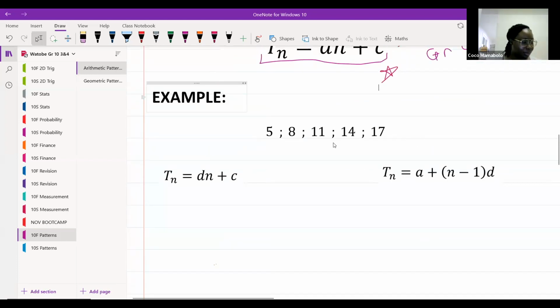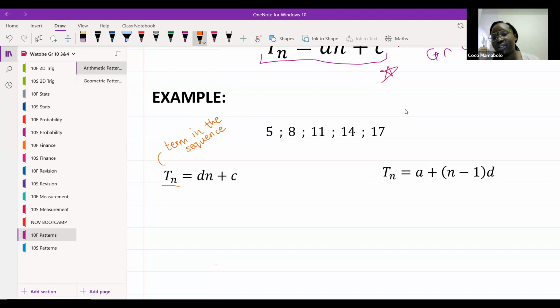And if you're writing them down, I'm just going to tell you guys what all of these symbols stand for as we go. All right, so Tn represents a term in the sequence. That is what Tn stands for. A term in the sequence or a term in the pattern.